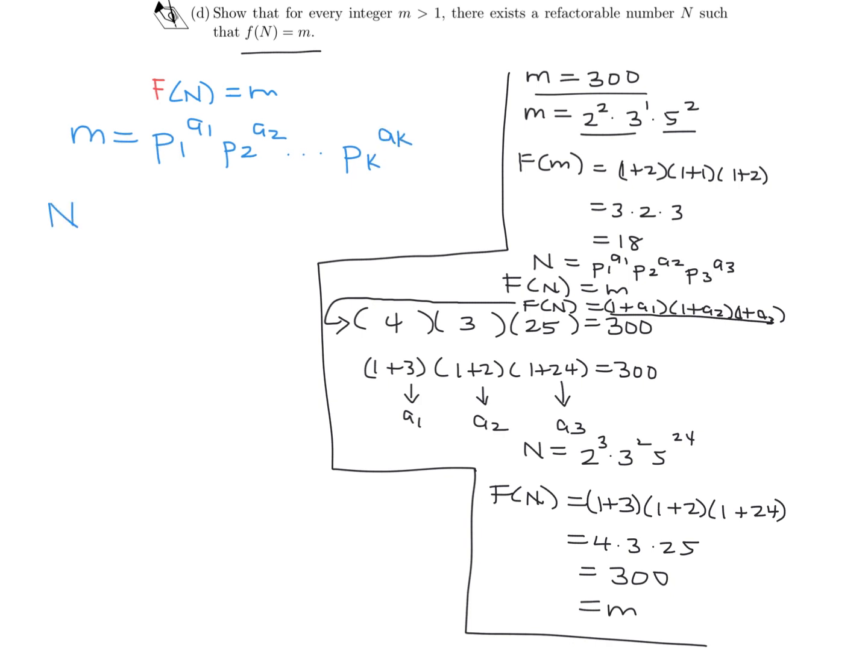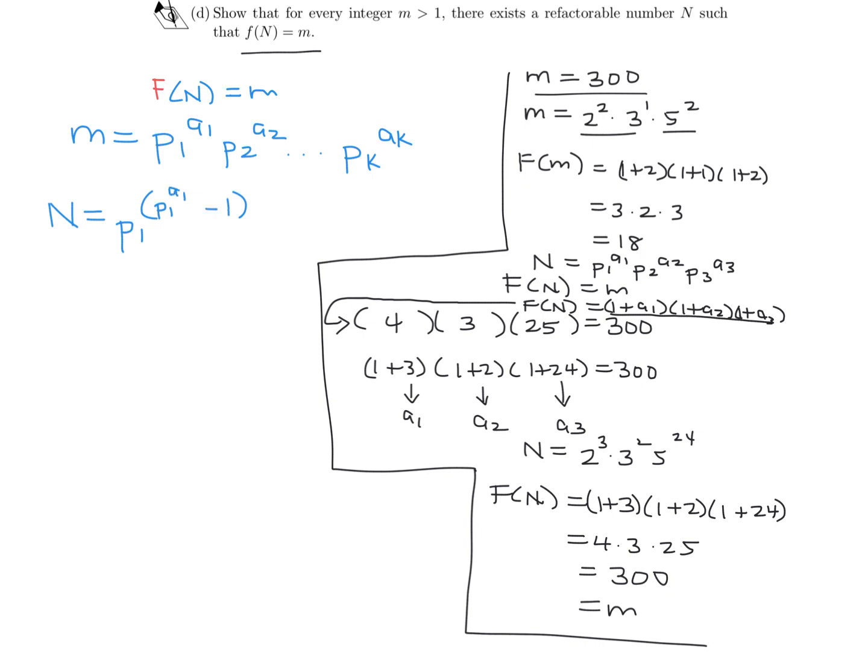Now, this is the part we have to carefully figure out. It's going to be some prime numbers. I think it doesn't matter what the prime numbers are, because when you calculate f at n, you're only looking at the exponents. This is the hardest part here. So n is going to be p1 to the power of a1 minus 1.